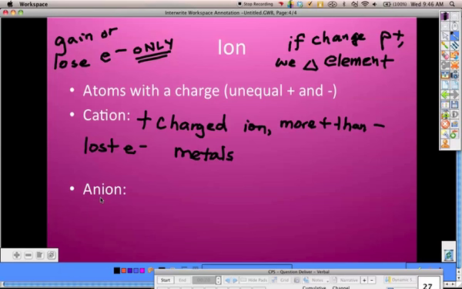Okay, let's move on to anions. Einsteinium is a fun one. Anions have a negative charge, so an anion is a negatively charged ion, which means it has more electrons than protons.